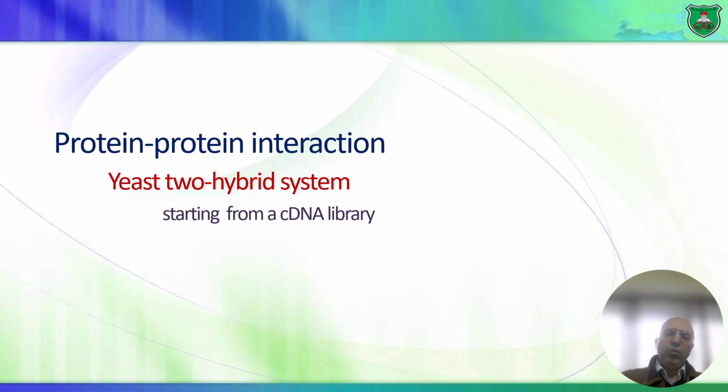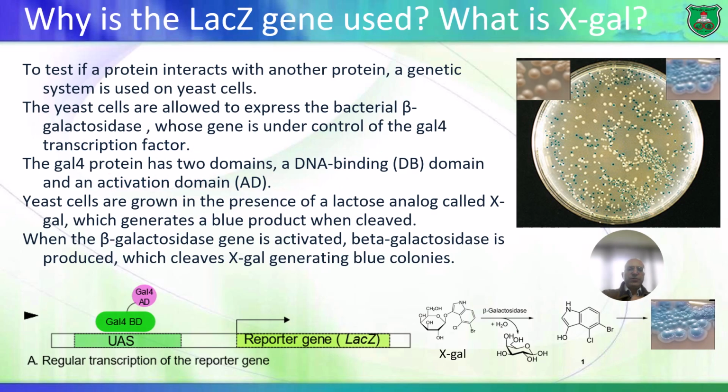So first, I'll give you an introduction. There is a genetic system. There is sort of like a regulatory sequence called UAS. Okay, it's called UAS.